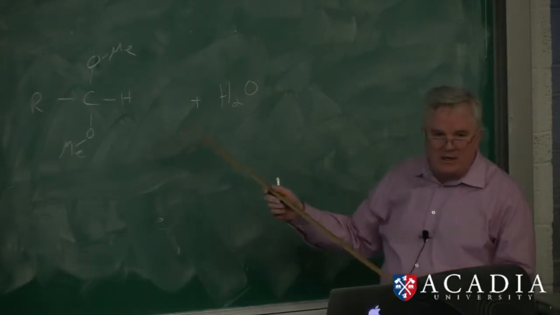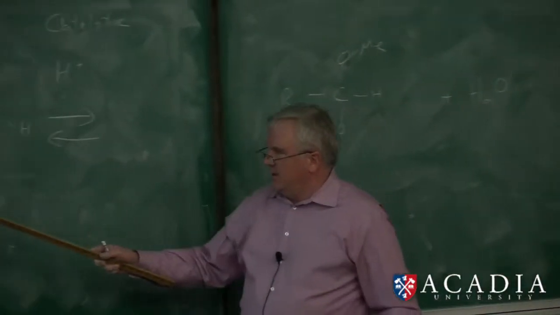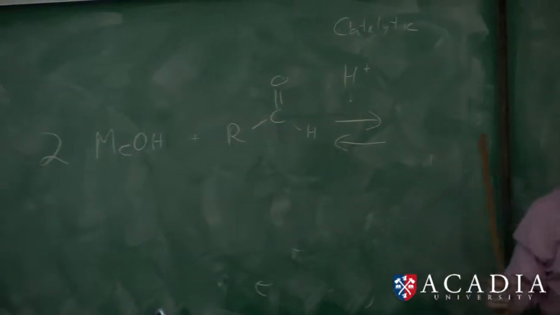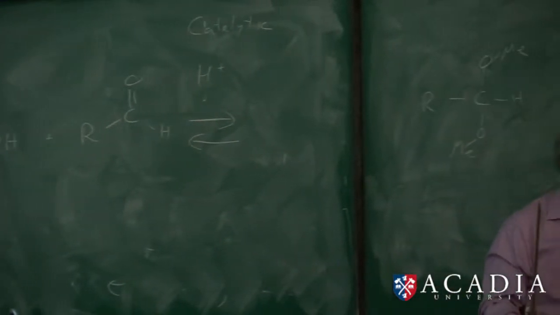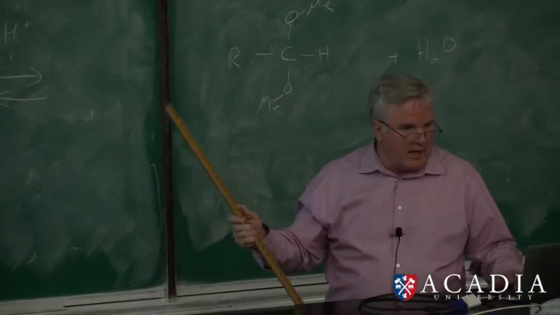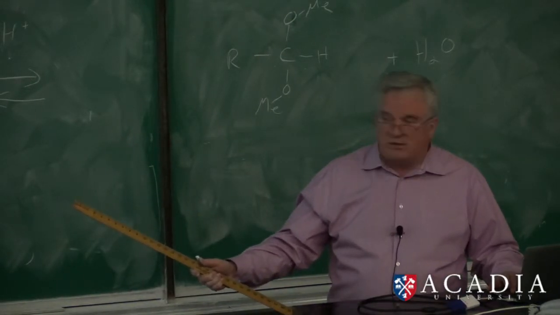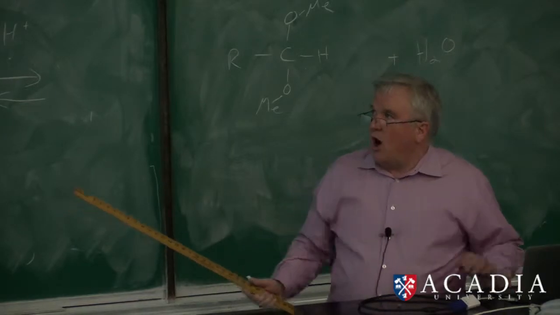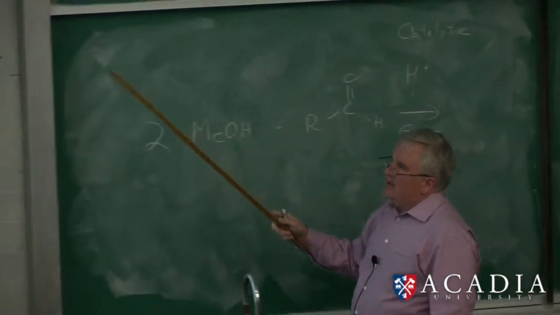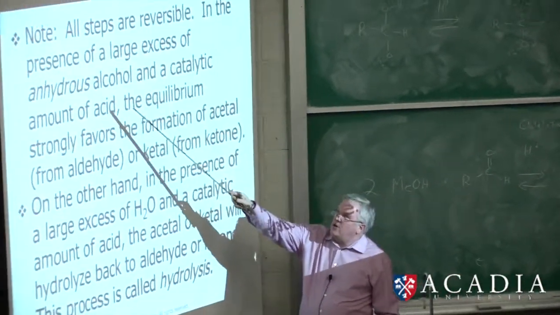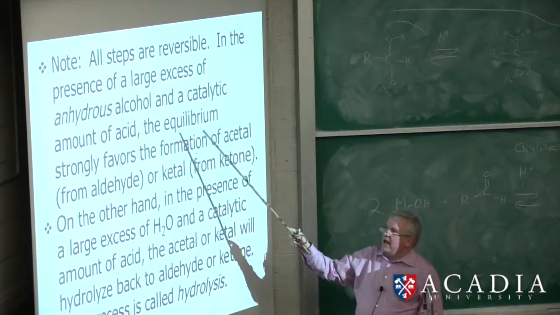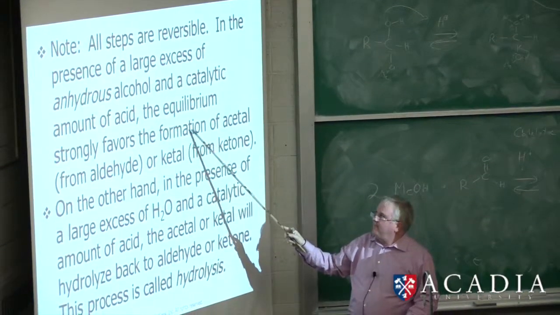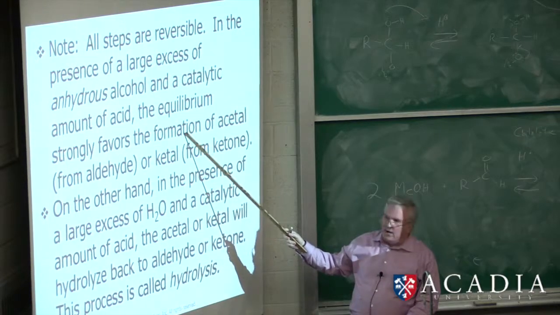What if we started here and we wanted to go this way? Well, we just throw in a whole bunch of water and we can make the reaction go the other way. So remember Le Chatelier's principle. These are all just the mechanism. So all steps are reversible. In the presence of large excess of anhydrous alcohol and a catalytic amount of acid, the equilibrium favors the acetal.